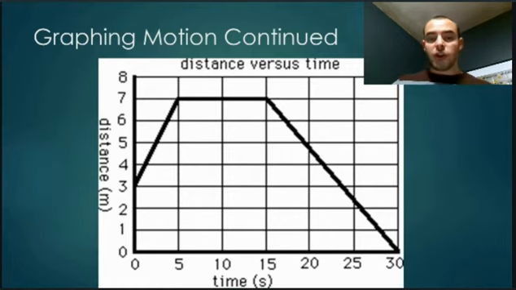As you can see over to the right side of the graph, the distance drops back down to 0 meters. So it started at 3 meters, dropped down to 0, the person ran back to the tree, even though he didn't start at the tree. Nevertheless, the majority of the time, an object's starting position is at a distance of 0.